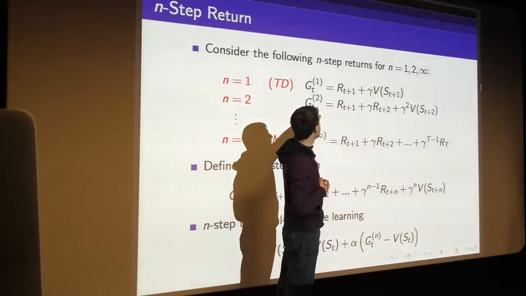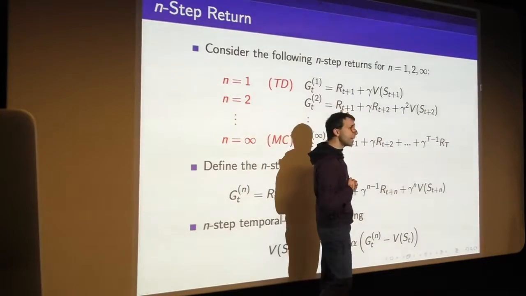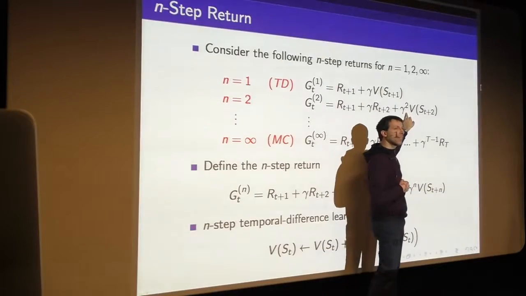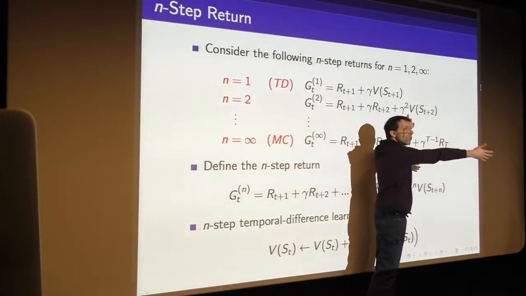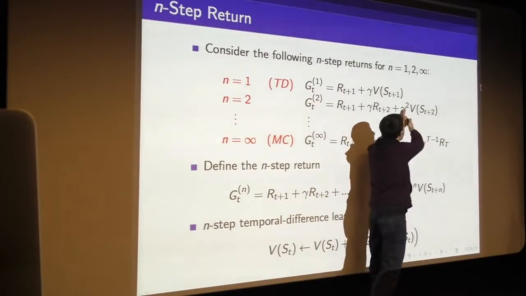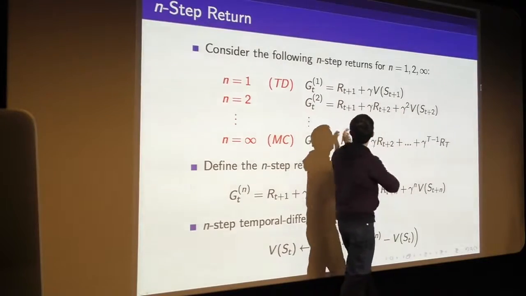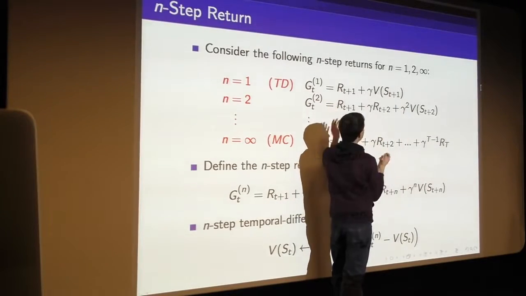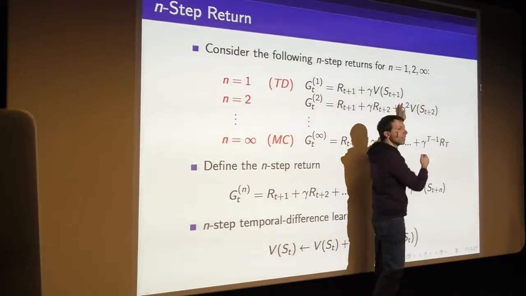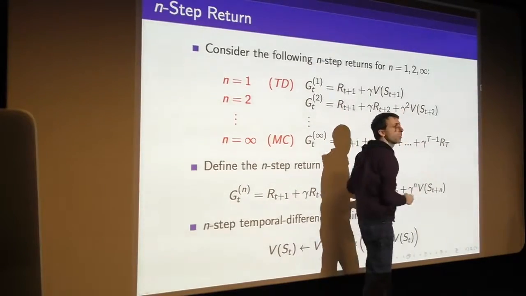The two-step return, this G2, is the reward after one step, plus the discounted reward after two steps, plus the twice discounted estimated return from that point onwards. So this is our value function. Our value function tells us, from that point onwards, how much reward are we going to get? And then our estimate of the overall return is our real reward after two steps, plus our estimate of what's going to happen from that point onwards.